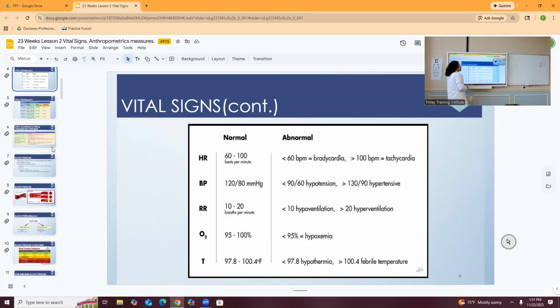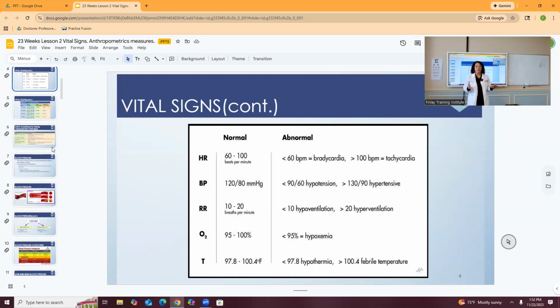The blood pressure is going to be 120/80. And this is the information that we get from the American Heart Association. But to make sure, you have to evaluate the patient as the patient, okay? Not every patient is going to have 120/80 as a normal.